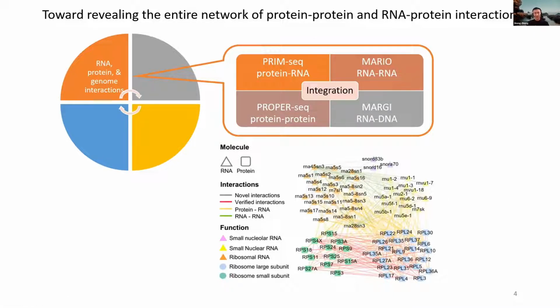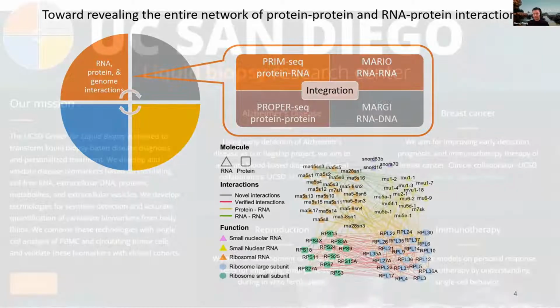So we would like to call it PRINSIC, protein RNA interaction by sequencing. We hope that can be released on bioRxiv. And with all of this, we hope to integrate all this data to hopefully provide a leap to our understanding of these types of molecular interactions.